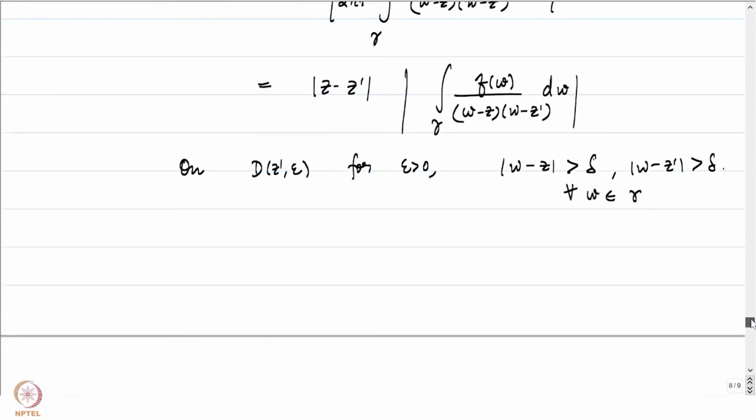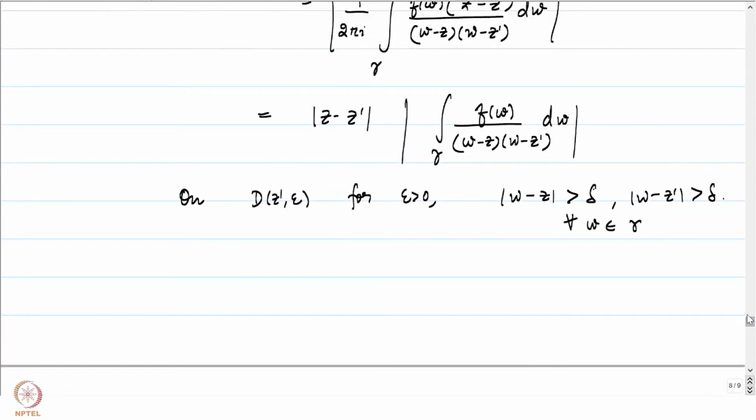We can write this thing inside, and also f is a function which is holomorphic on the annulus, and in particular it is continuous on this circle, and hence being compact there will be a bound M. Therefore, we can write this as absolute value of z minus z prime times M by the absolute value of w minus z and w minus z prime, both of which are bounded below by delta, and hence 1 by w minus z times 1 by w minus z prime is bounded by 1 over delta square, and the arc length of gamma, which is going to be equal to 2 pi r.